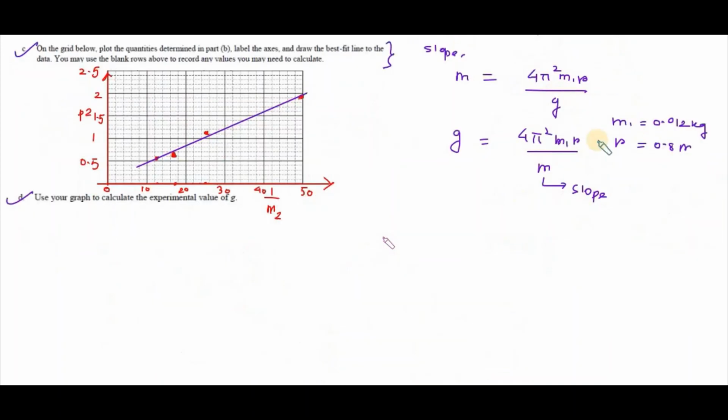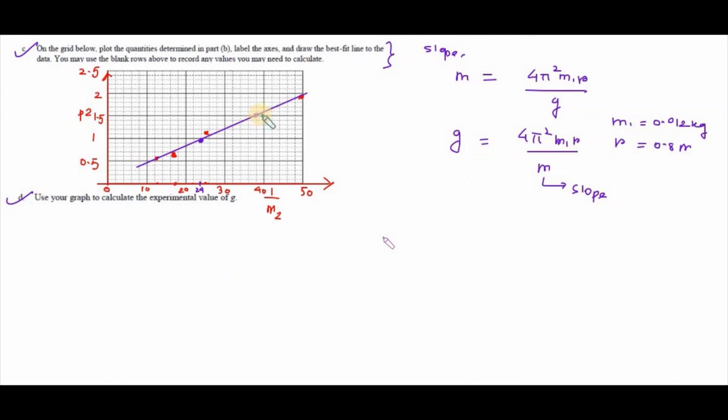We can substitute in this equation, and 4 pi square is a constant, so we only have to find the slope of this line. Let's consider two points whose values we can figure out. One point is here, that could be 24, and this should be 1, and the other point we can take passing through an exact point. Let's consider this one.